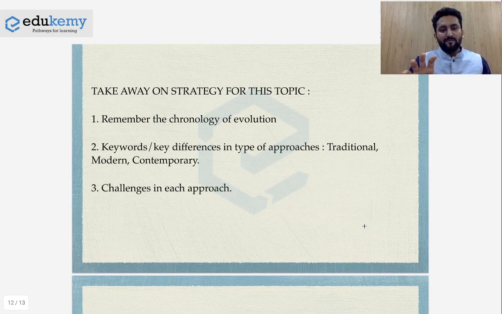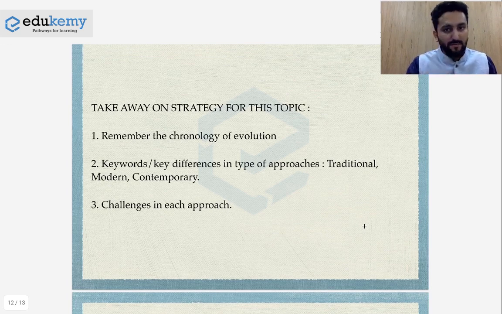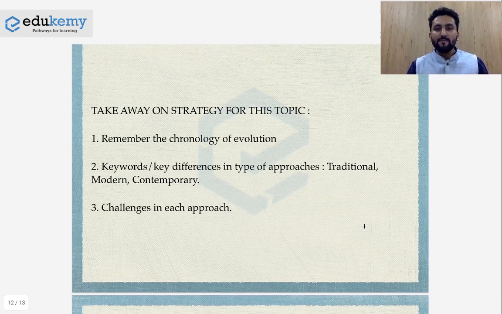So the takeaway of this short lecture is that you should remember the chronology of evolution when it comes to this unit, how one thing is interlinking to another. You should remember some keywords and key differences in different types of approach. For example, in political theory, you are going to read traditional approach, modern approach, contemporary approach.